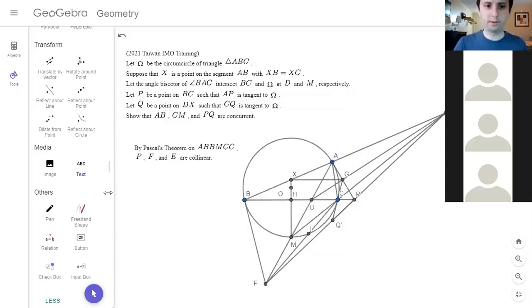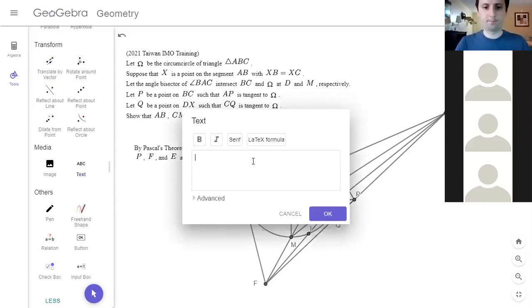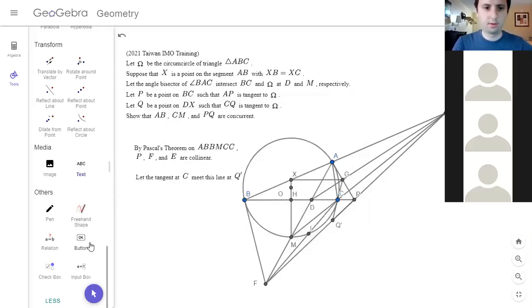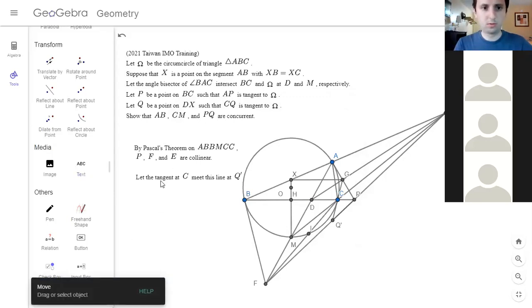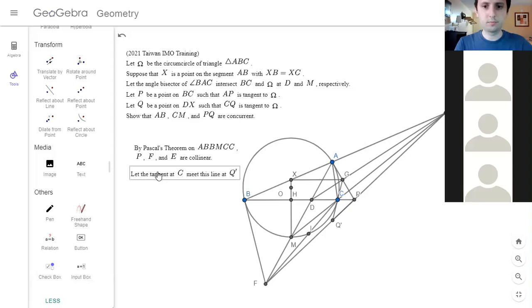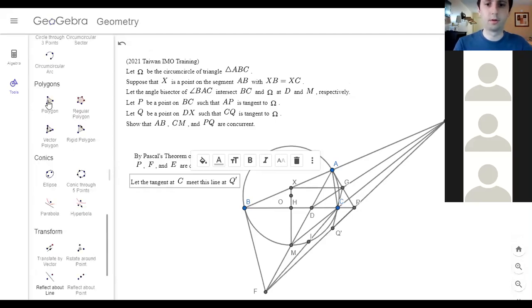Let the tangent at C meet this line at Q prime.